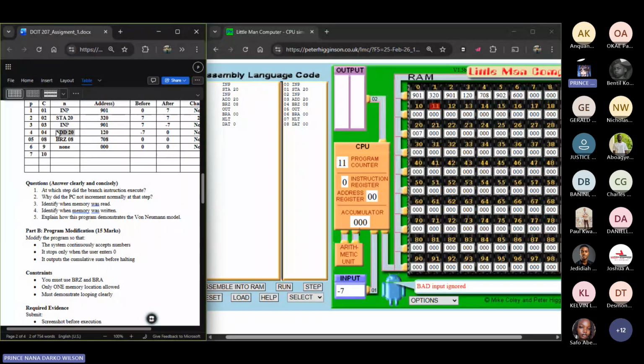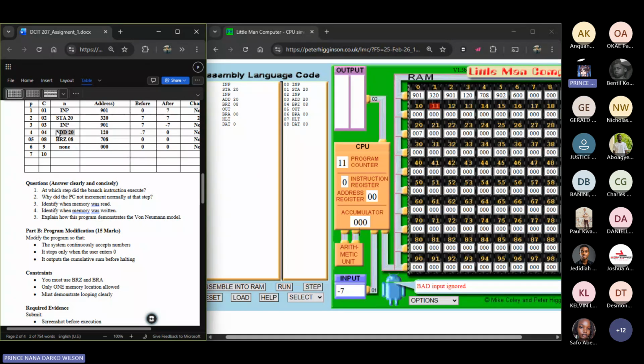Then the bus carried what was stored in address 20 to the memory buffer register, or the memory data register, and this will do the addition for us. So yes, reading was indeed done at that point.